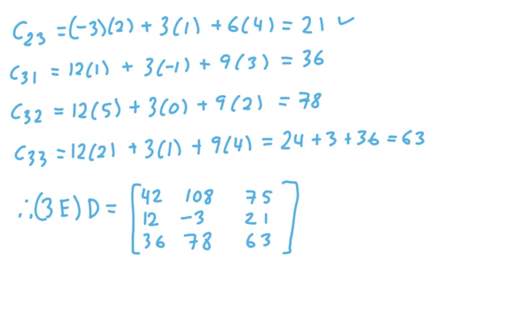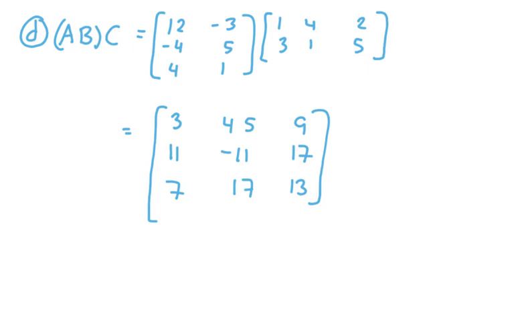C31, I come up with 36. C32, I get 78. And C33, I get 63. I'm just doing dot products the whole time. So if I take the quantity 3E and multiply it by D, I get the matrix 42, 108, 75, 12, negative 3, 21, 36, 78, 63.